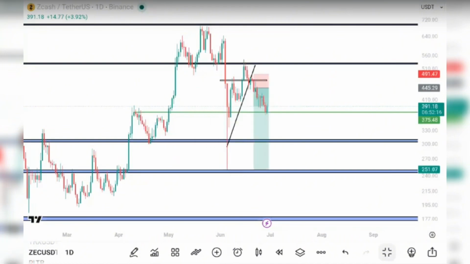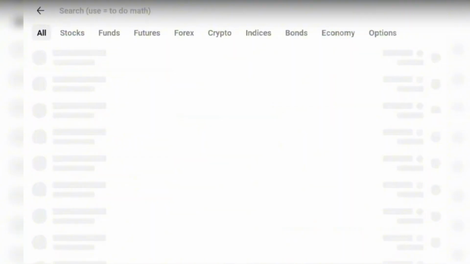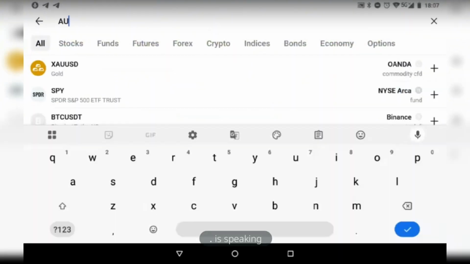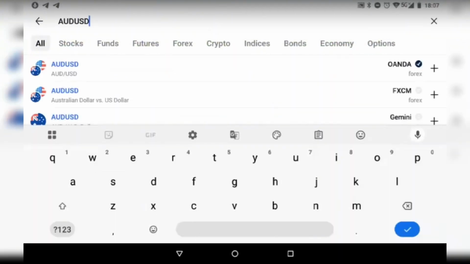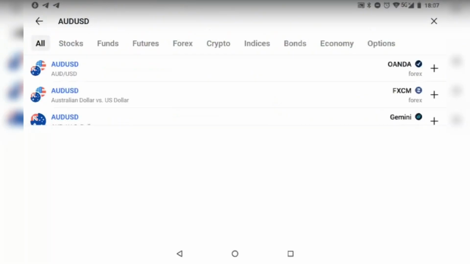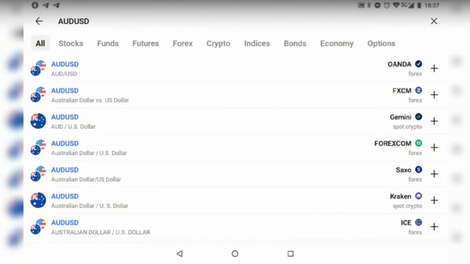Why is it not responding? Alright, let me just search for it instead. Alright.